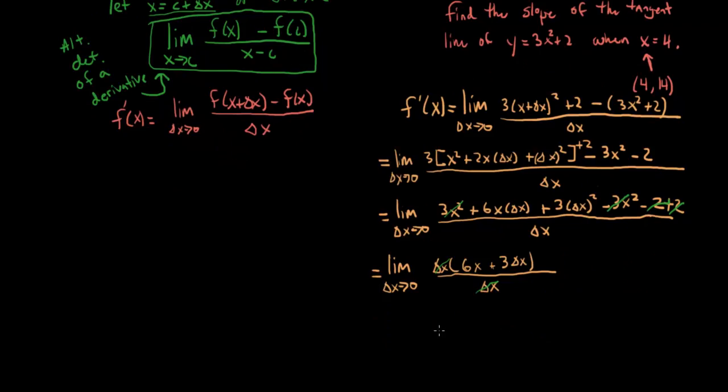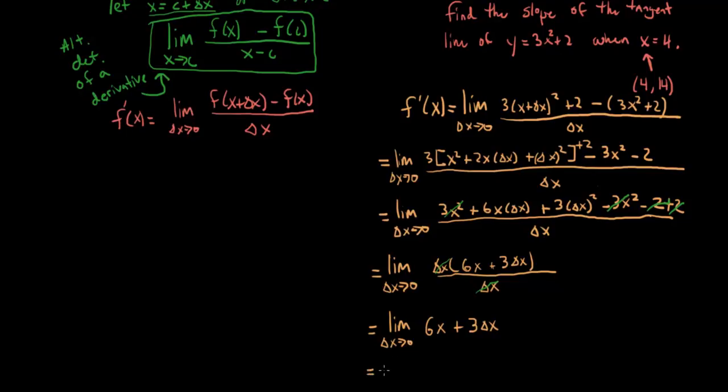So we divide those two terms out, and we are left with a limit that we can evaluate by direct substitution. So we can have the limit as delta x approaches 0. Okay, after we cancel those delta x's out, we have 6x plus 3 delta x. Now notice, we have no fractions anymore. We can evaluate this limit by direct substitution.